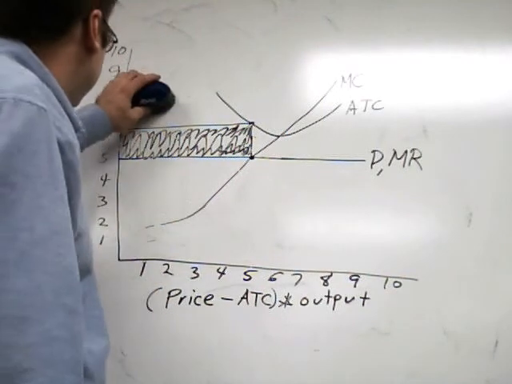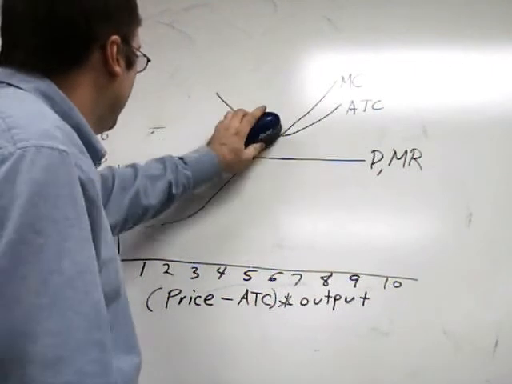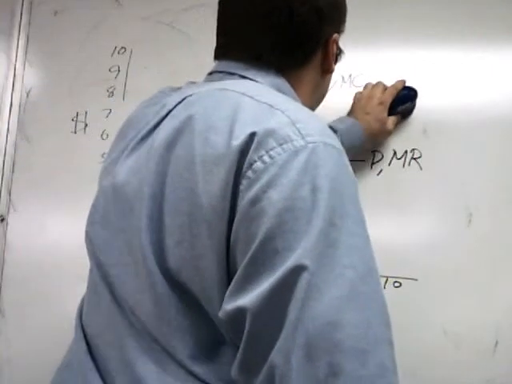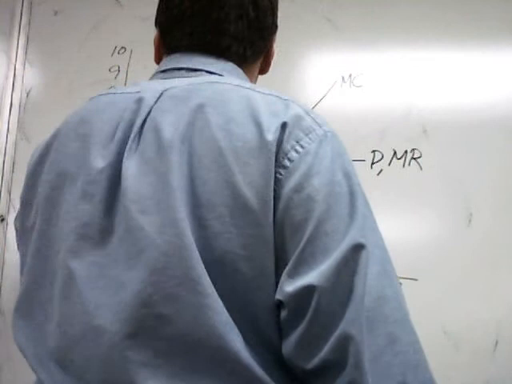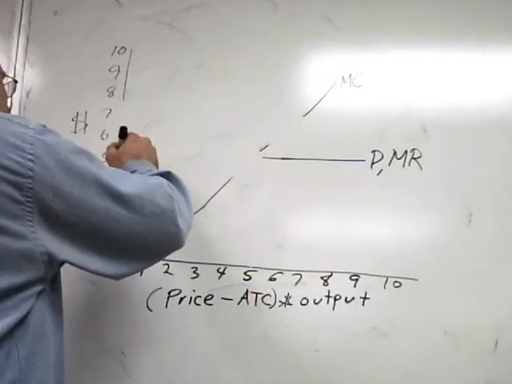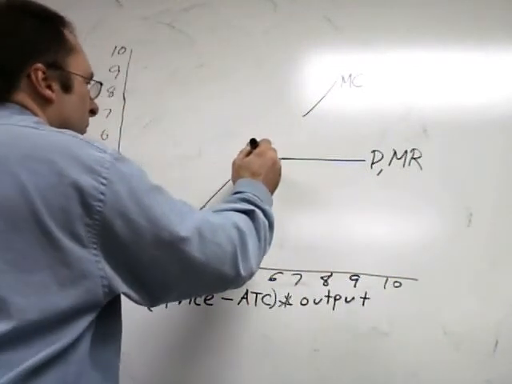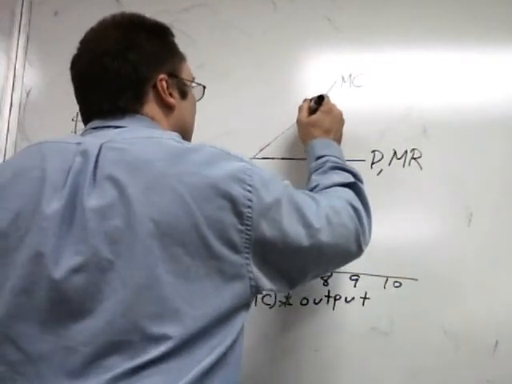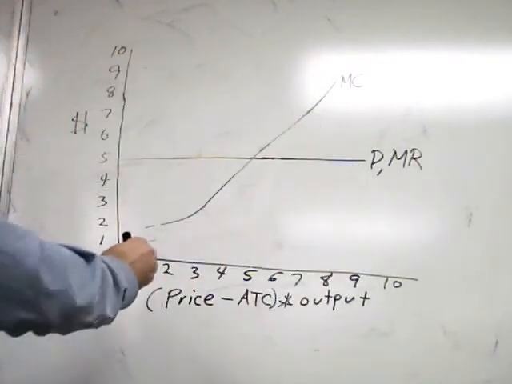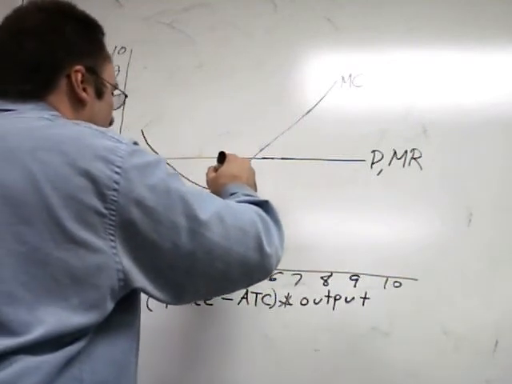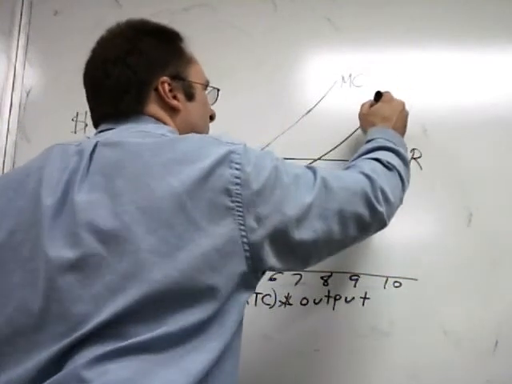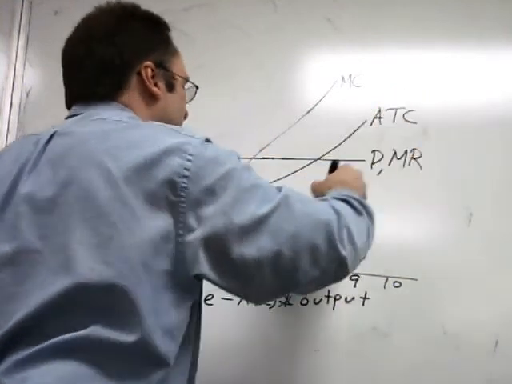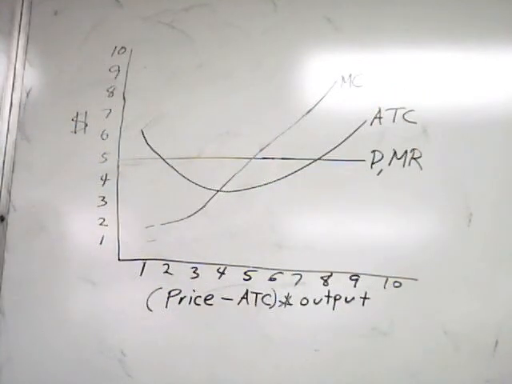Let's look at the graph of a perfect competitor that's making a profit. If they're making a profit, their average total cost curve is going to come down here below their demand curve at some point.